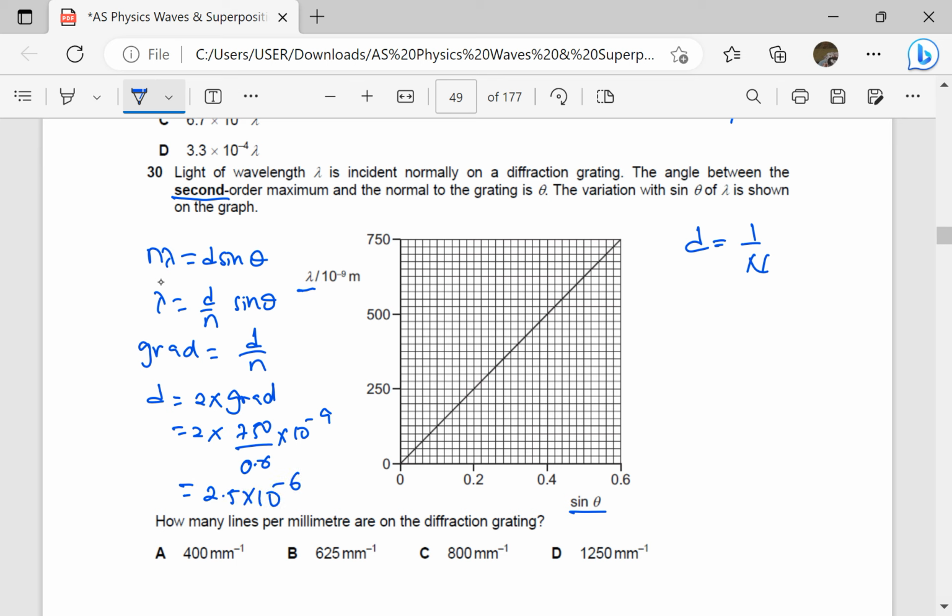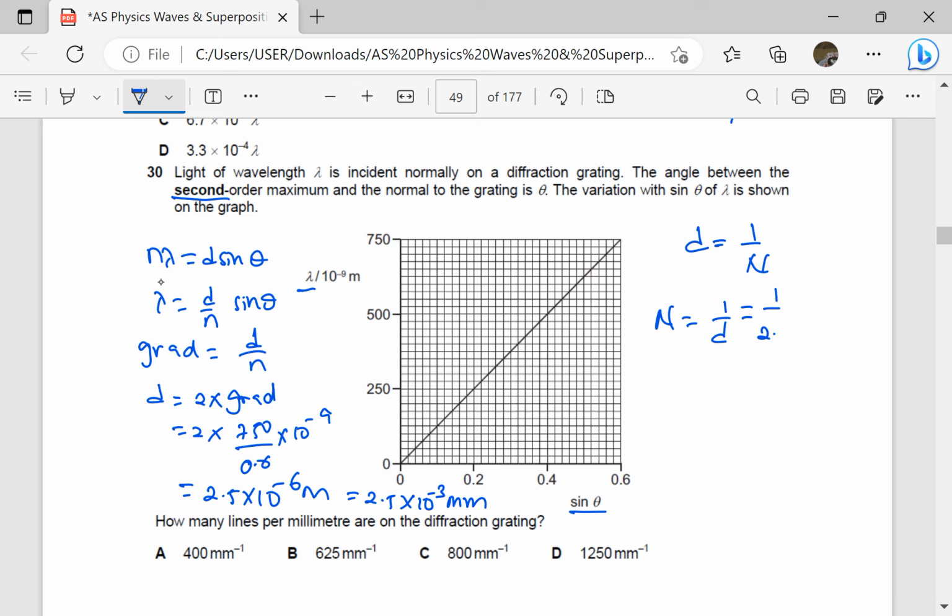That is d. But the question does not want d. The question wants n. So n is equal to 1 over d. Remember, this is in meters because every quantity was in SI units. Because they want the answer per millimeter, it is easy to change this to millimeters first. This is going to be 2.5 times 1000, which is times 10 power negative 3 in millimeters, so that your answer will be in per millimeter.